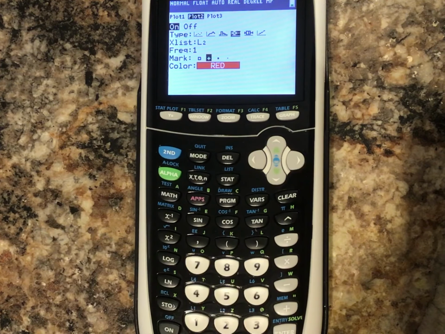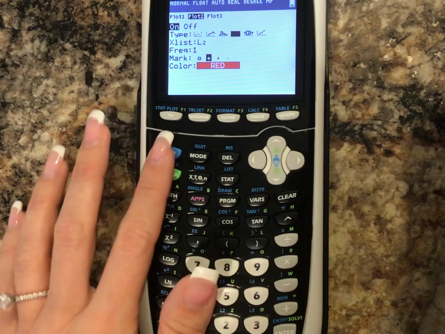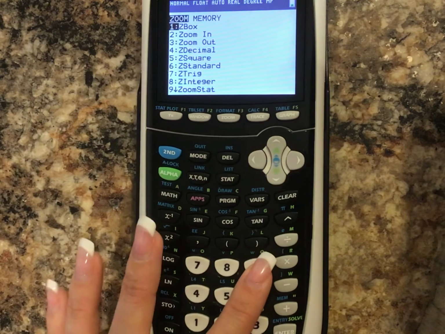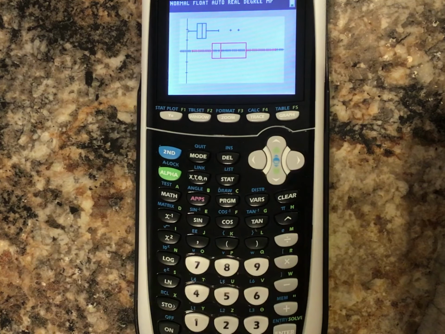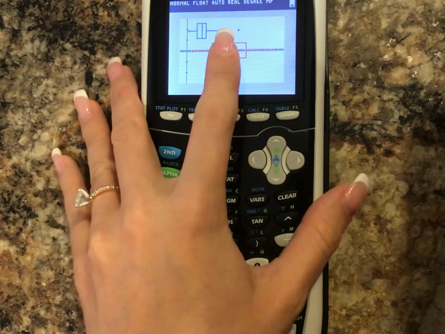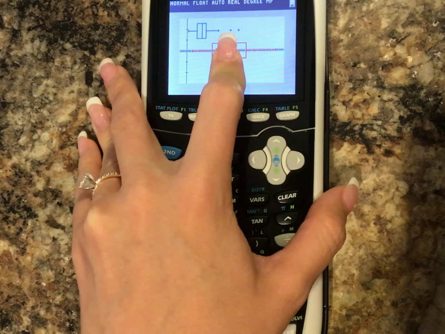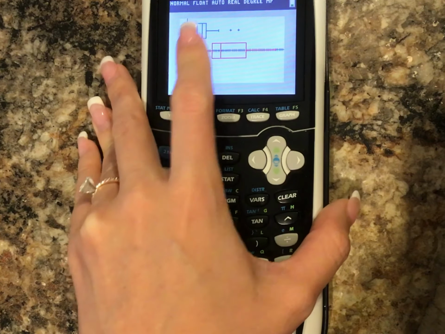Okay. So now, if I go to zoom and number 9 and I plot these, we actually see that there are no outliers for the captivity data, but there are outliers for our average lifespan of mammals. We have some of these mammals whose average lifespan is actually way longer than most of our mammals.